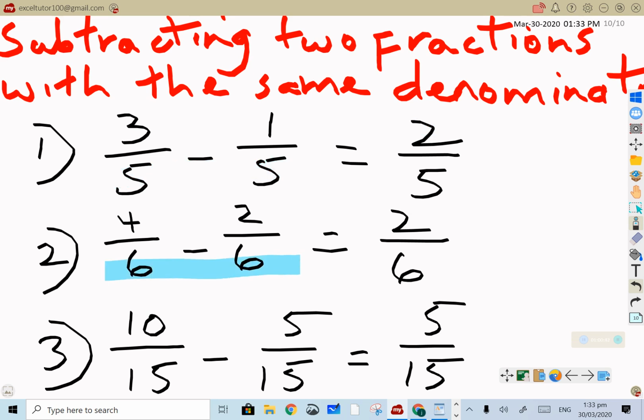Same denominators. When you go on to standard 4, some schools start you up at standard 3 as well, where you have to find the LCM and so on when you have different denominators. But for now, don't worry about that. We will do that as we move along. So again, I'm highlighting here same denominators.